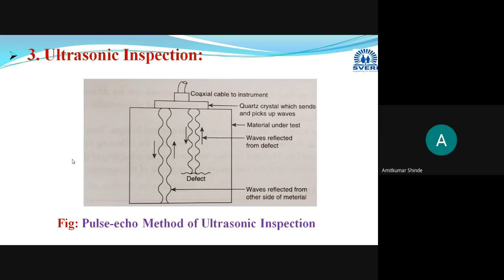Then we are going to use the ultrasonic waves in this test. Now there are two types of ultrasonic inspection. The first method is the pulse echo method; you can see the arrangement for ultrasonic inspection using the pulse echo technique in this slide.